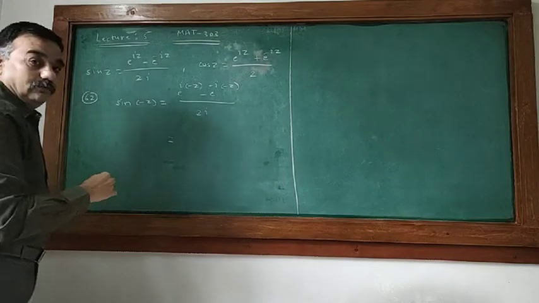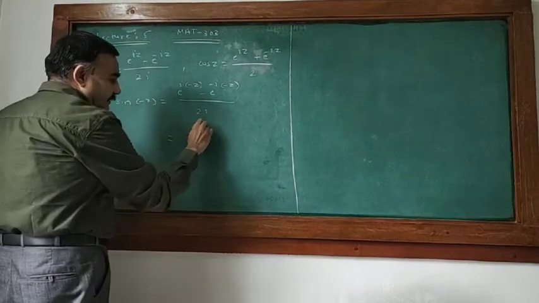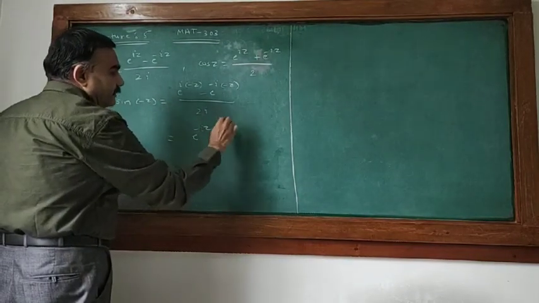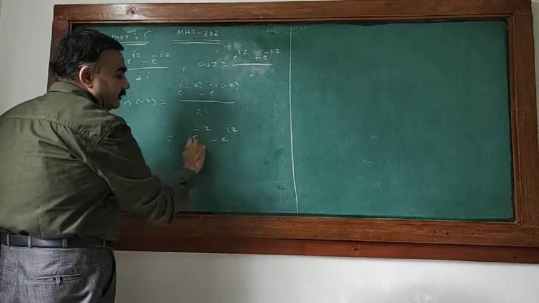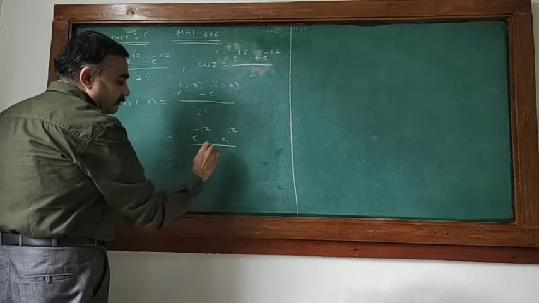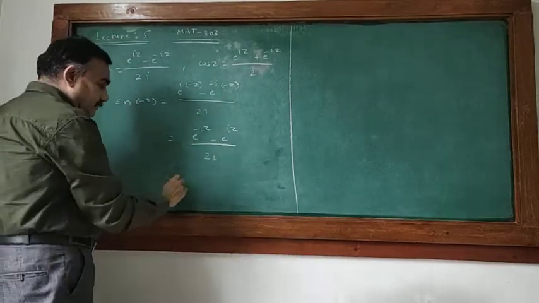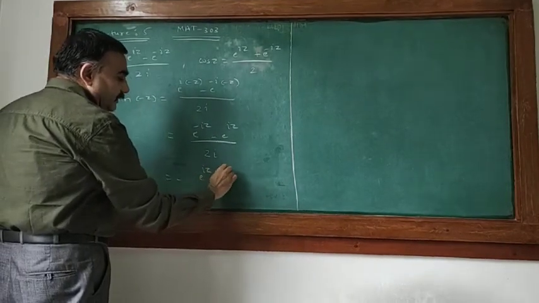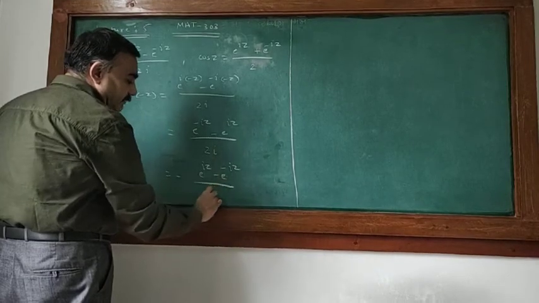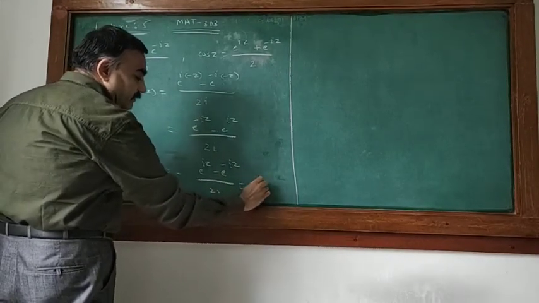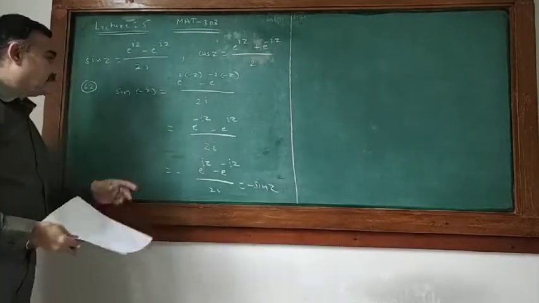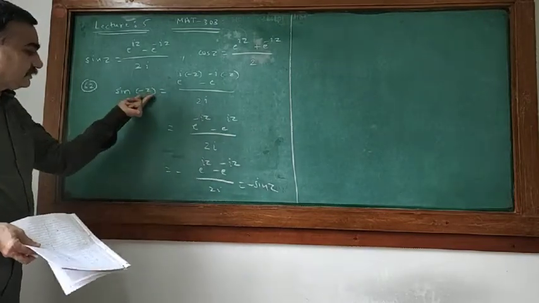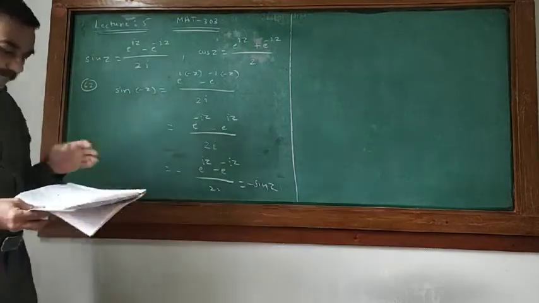So this is equal to e raised to minus iz minus e raised to iz divided by 2i. If we take the minus sign in common, it is e raised to iz minus e raised to minus iz divided by 2i, so it is minus sin z. So we have sin of minus z is minus sin z.